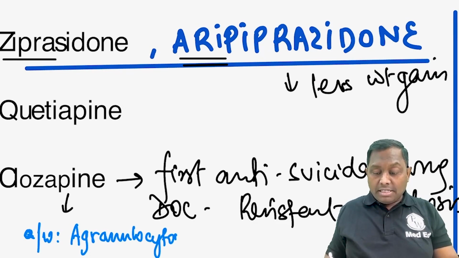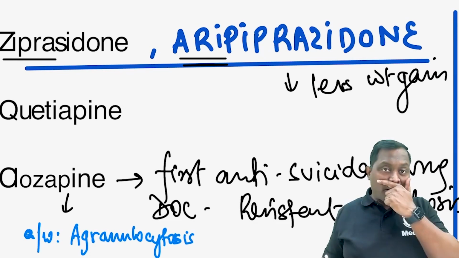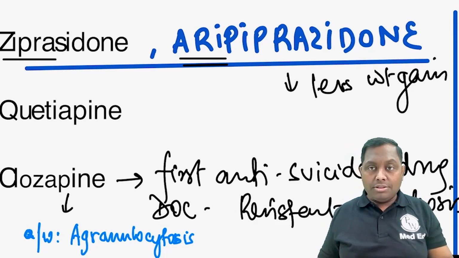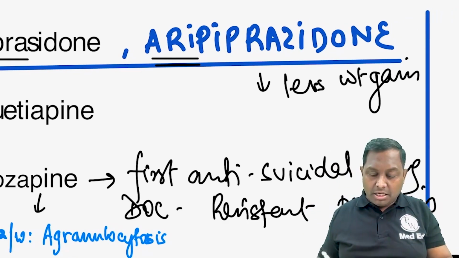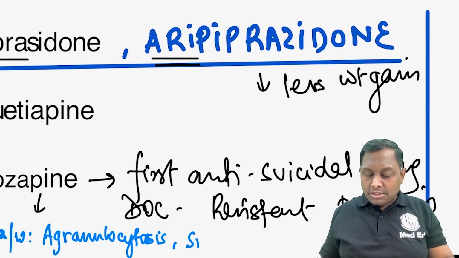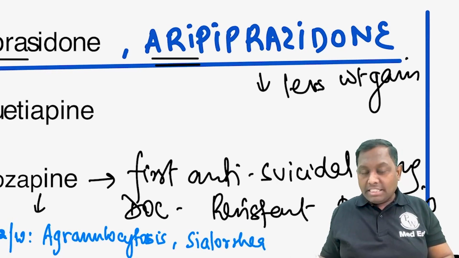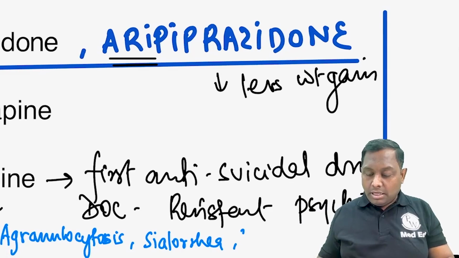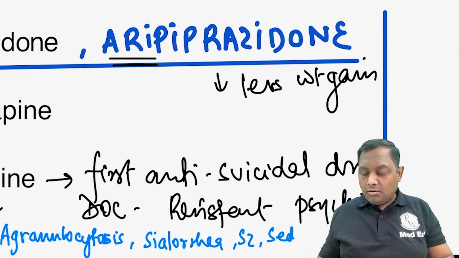It is a very dangerous side effect. Counts are markedly low. Agranulocytosis, not leukopenia, agranulocytosis, much more severe. Okay. Agranulocytosis, sialorrhea, which we call wet pillow syndrome, excessive salivation, sedation, seizure, all these side effects can be seen.